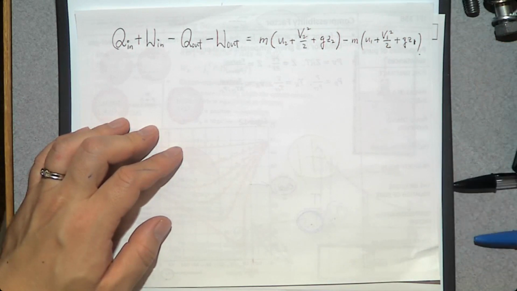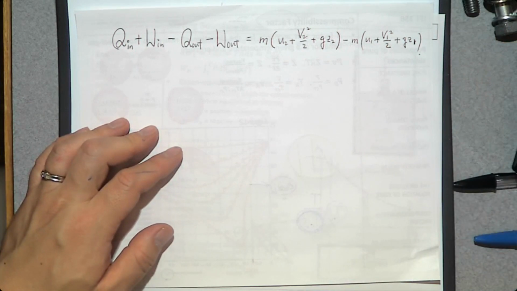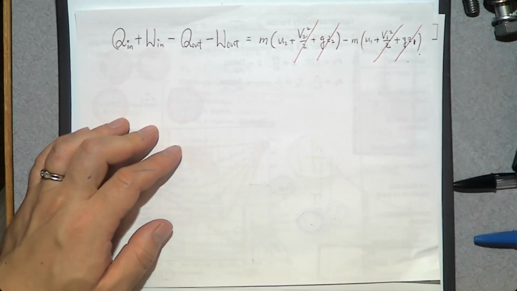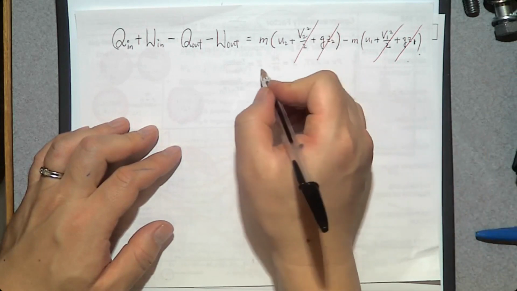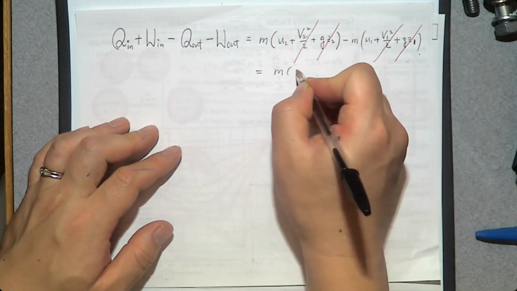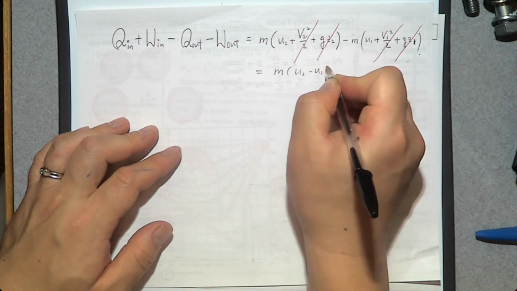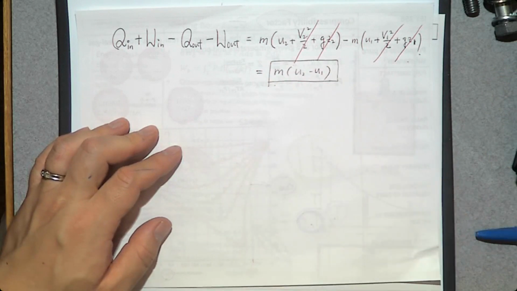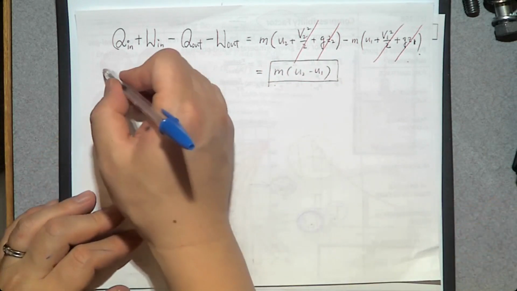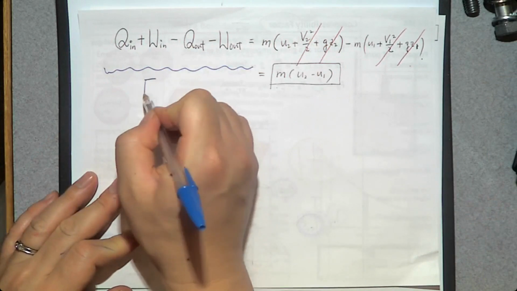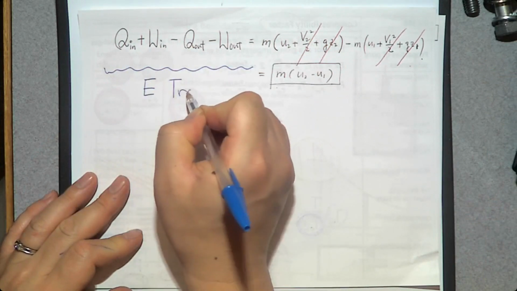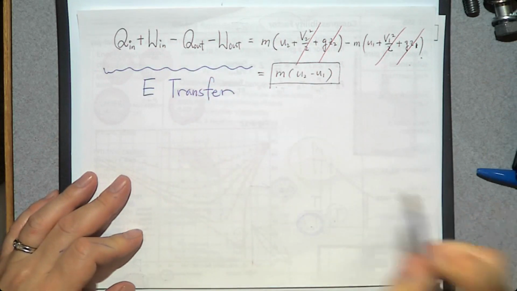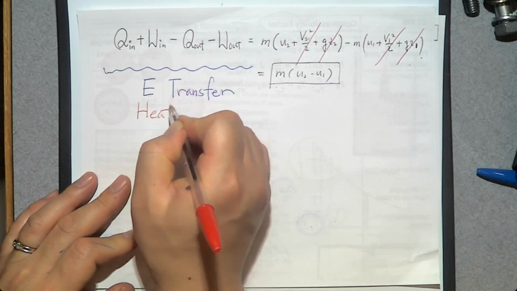From this, we usually neglect kinetic energy change and potential energy change, so you can cross them out. Then what do you have? The right-hand side, we have mass times U2 minus U1, so the internal energy change of the system. So in this equation, the left-hand side shows energy transfer either by heat or work.